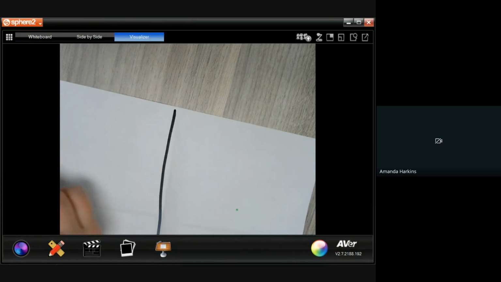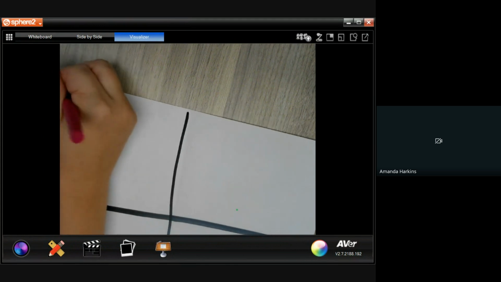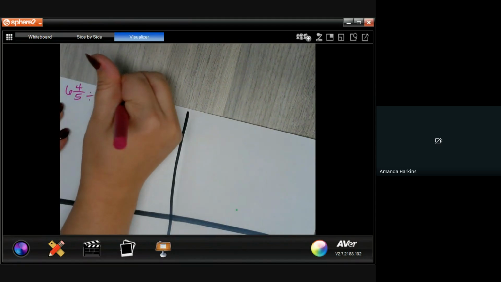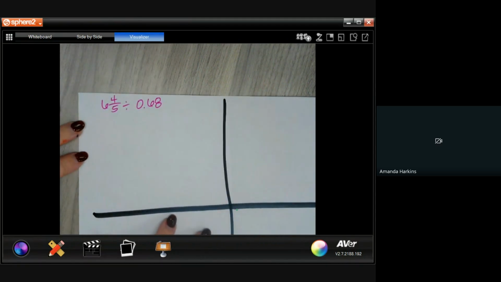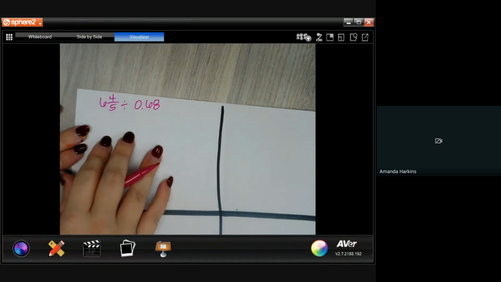If you ran out of paper, you need to get another sheet of paper. So we have 6 4/5 divided by 0.68. Remember, we can divide it with decimals.